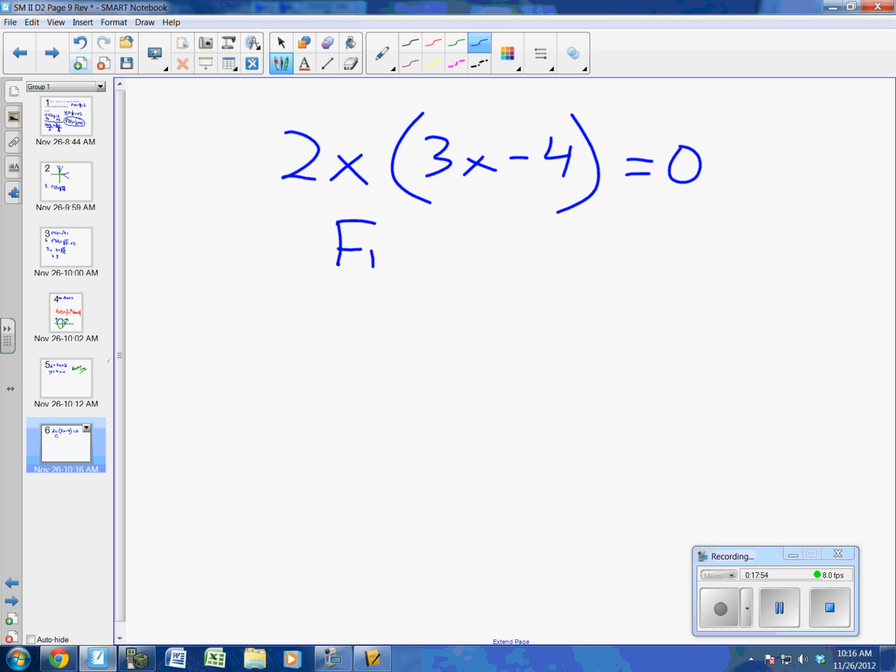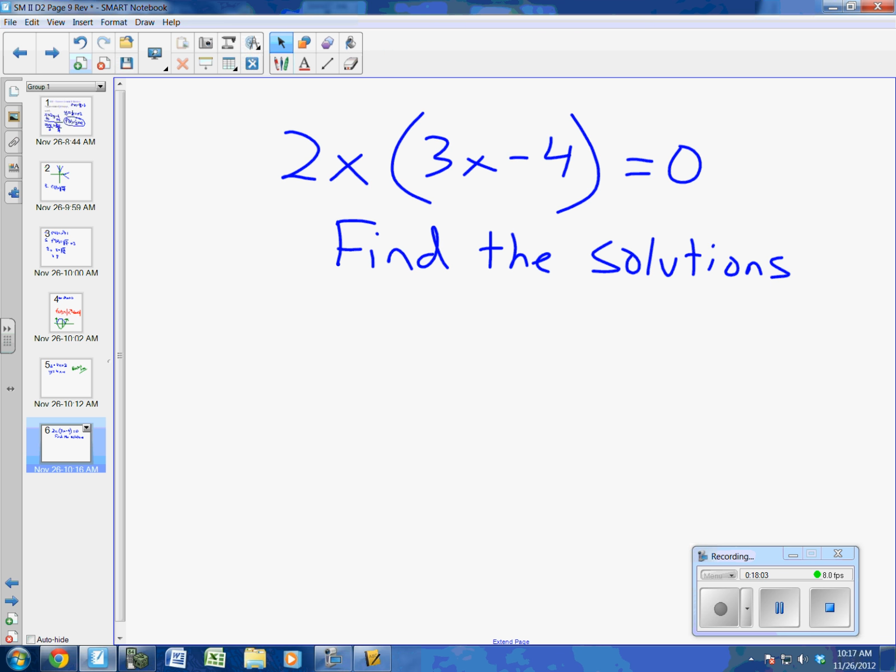Find the solutions. Who thinks they know how to do this? I showed you one like this on Tuesday before we left on break. Anybody remember?